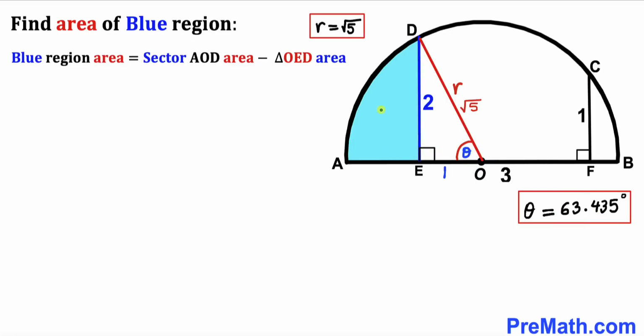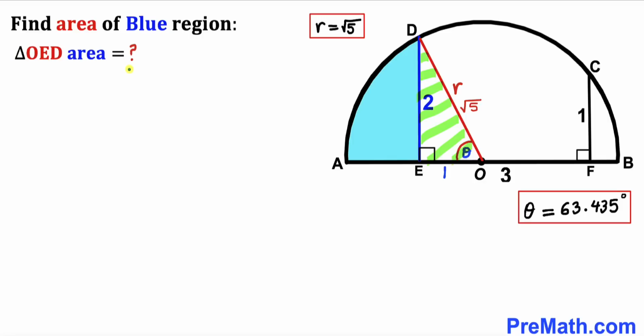The area of this blue shaded region is equal to the area of this sector AOD minus the area of this triangle OED. So our task is to calculate the area of the sector AOD and also the area of this triangle OED.